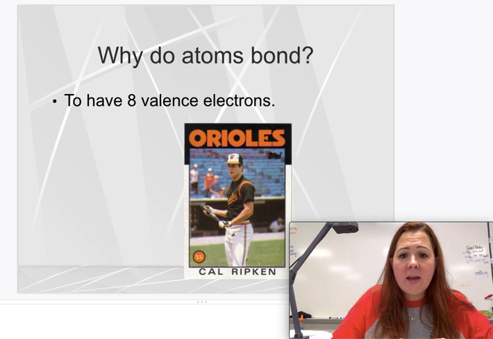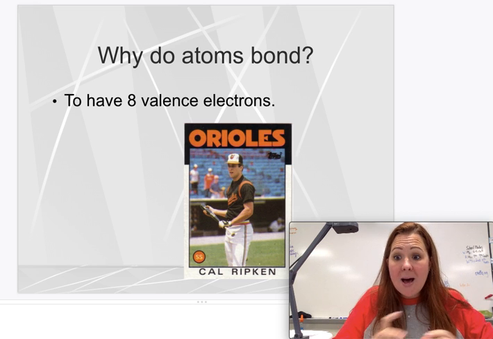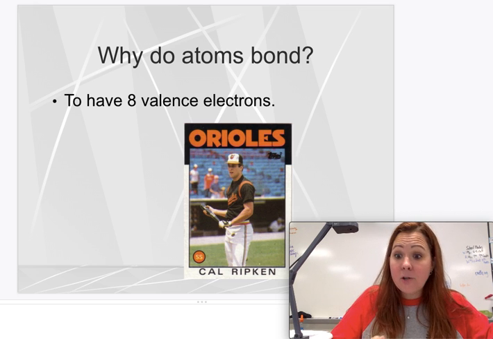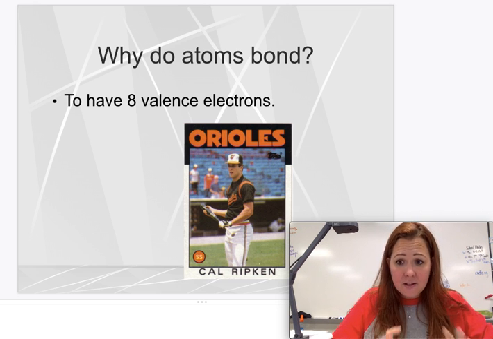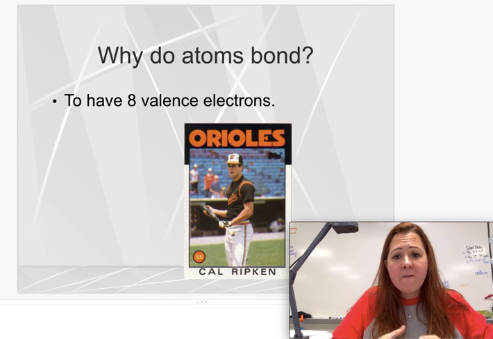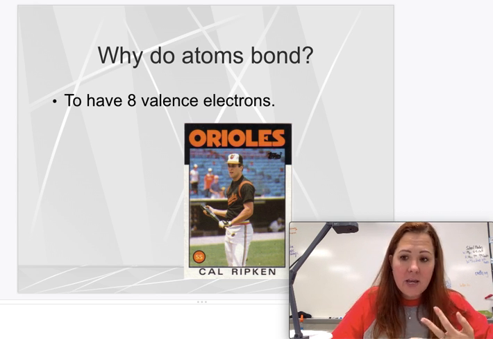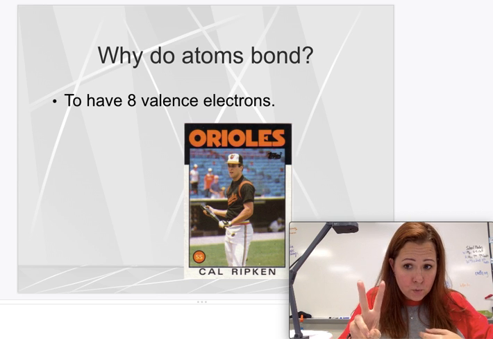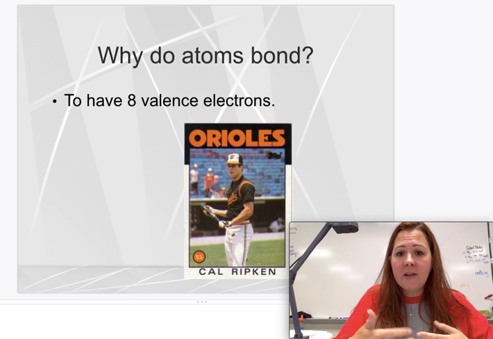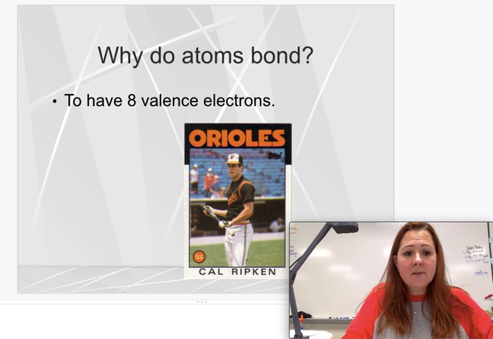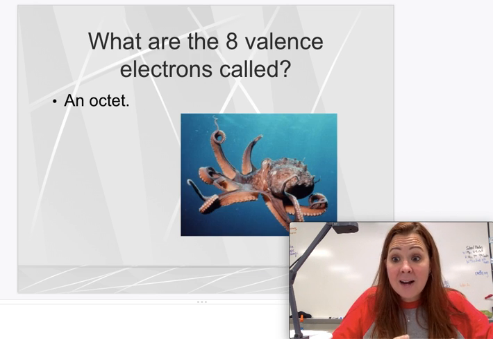So as we're looking at that valence shell, the magic number for everything except for hydrogen and helium is 8 valence electrons. So a full valence shell is 8 valence electrons for everything, again, except for hydrogen and helium. They're only good with 2. Everything else wants that full valence shell of 8 valence electrons. So it's called an octet.